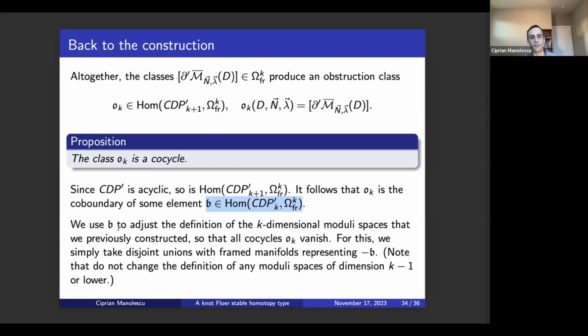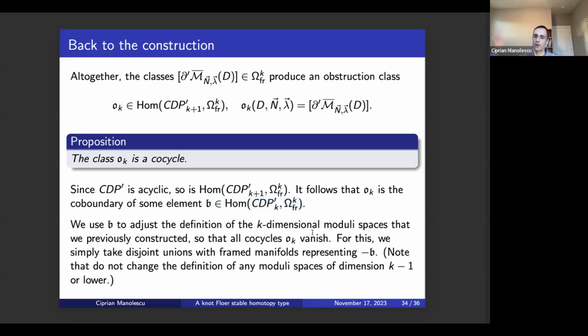So what we do is we use this B to adjust the definition of the moduli spaces that we previously constructed. So B is represented by some framed manifolds. On the k-dimensional moduli spaces, we're trying to construct something of dimension k plus 1.